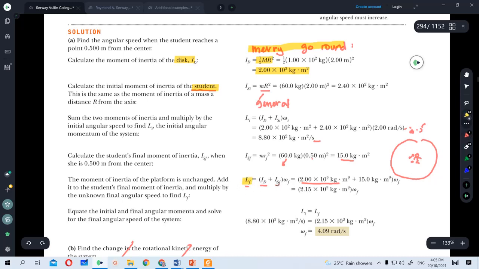So what we need to do next is, okay, of course, this is I and then times with the omega unknown tadi, that will be our final angular momentum. And therefore, equate it into conservation of angular momentum. Okay, masukkan, nanti you will arrive with the required final angular momentum. And look that the direction remain the same direction.